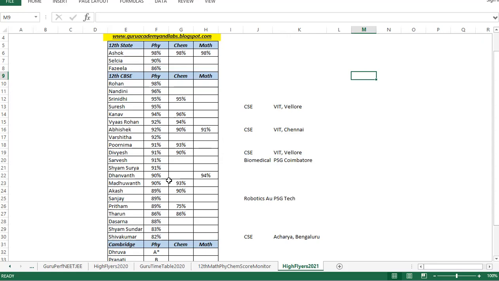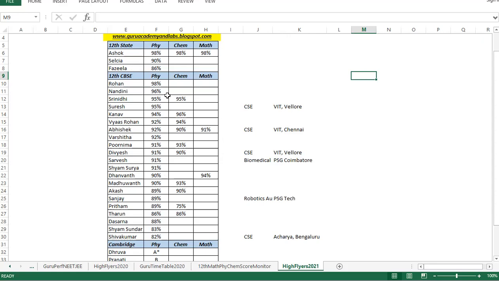But suppose something does not go well, then they may consider your 11th marks also for your 12th board exam. Of course, whatever you're studying right now is important, but taking the board exam from 11th and 12th is going to be a little bit difficult.